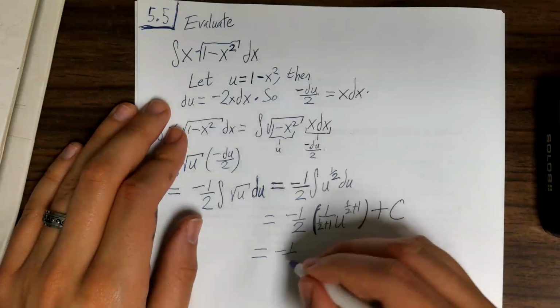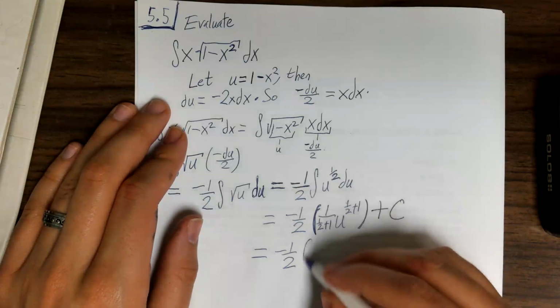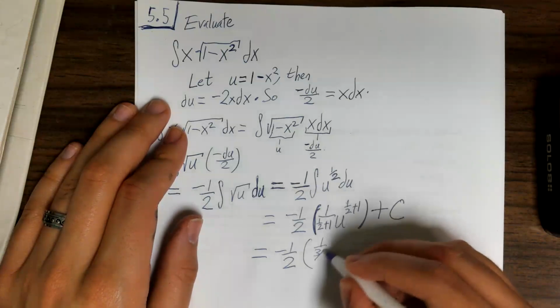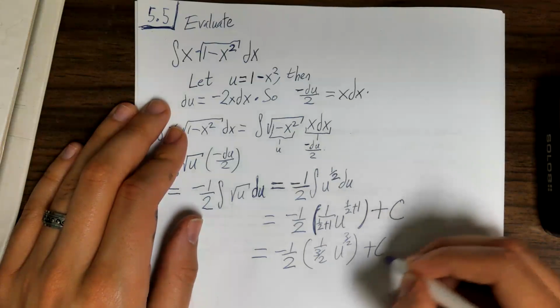Now, we just note that 1/2 plus 1 is the same thing as 3/2. So this is like 1 over 3/2, and this is like u to the 3/2.